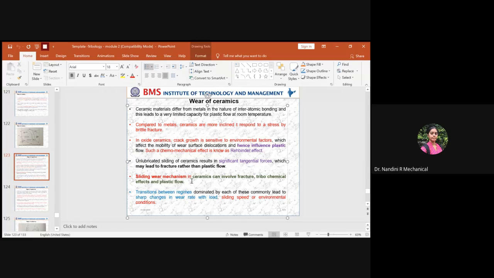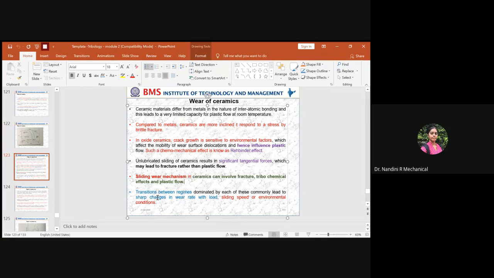So in the sliding wear mechanism associated with ceramic components, the first type of wear that comes into picture is fracture. Apart from fracture, tribochemical effects can come into picture because it is sensitive to environmental factors, and lastly plastic deformation. So usually the wear categories you come across are these three.